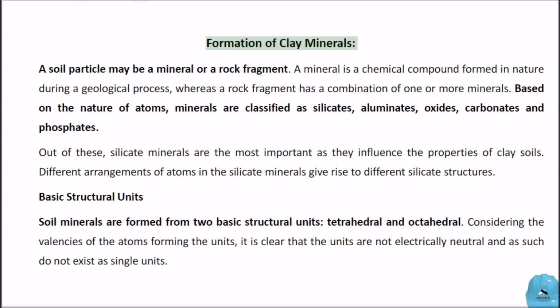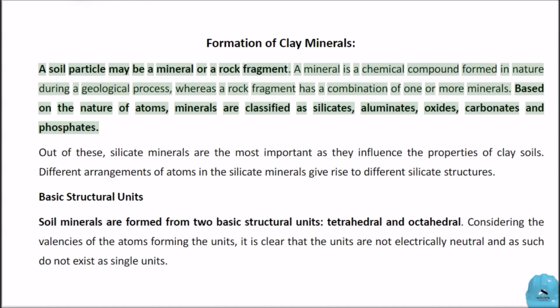Formation of clay minerals. A soil particle may be a mineral or a rock fragment. A mineral is a chemical compound formed in nature during a geological process, whereas a rock fragment has a combination of one or more minerals.